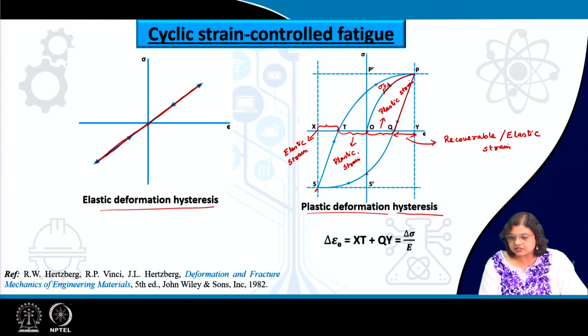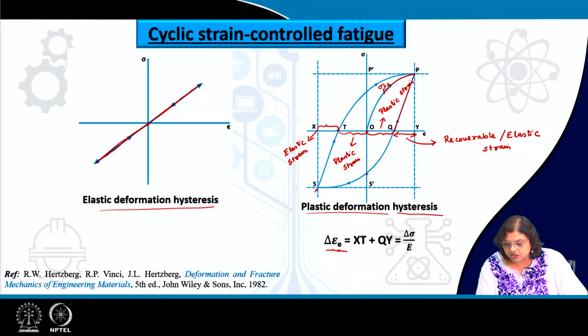Okay. Now, elastic strain is pretty straightforward. So, elastic strain range, this is how it is being denoted. The delta signifies the range that we have already seen, and the small subscript e signifies the elastic strain. Okay.